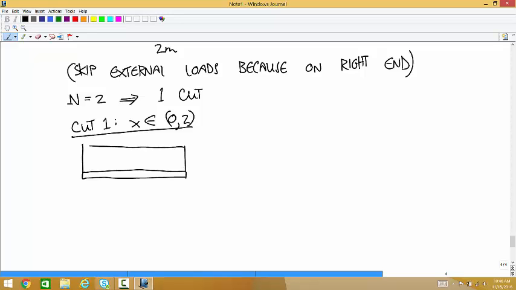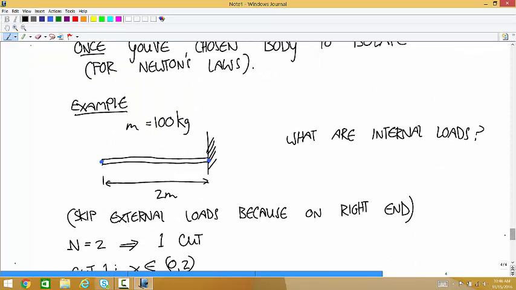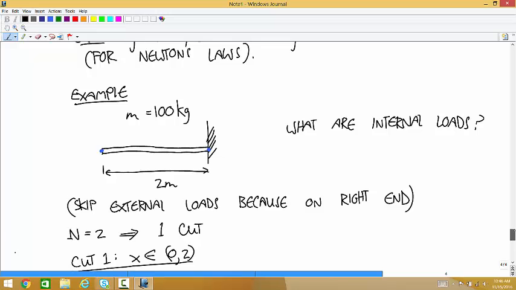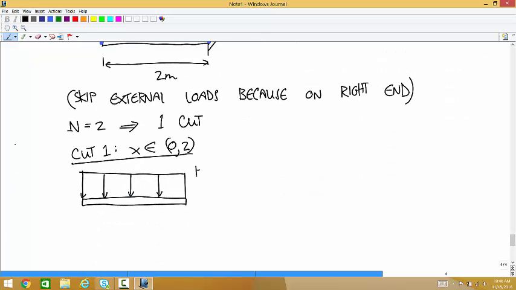The distributed load is 100 times 9.81 divided by 2, so 490.5 newtons per meter. And then we have tension, shear force, and bending moment. And now that we've chosen the body to isolate, we have our free body diagram.